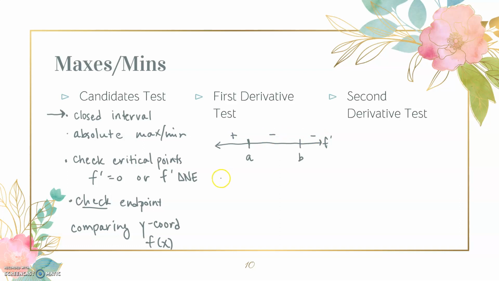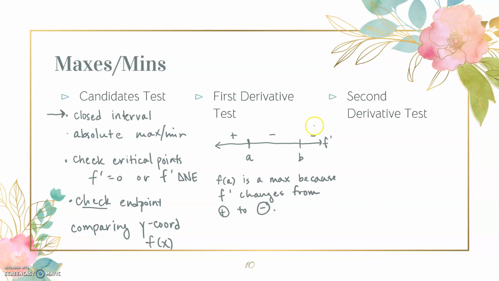And so the justification would say f of a, which is the y coordinate, is a max because f prime changes from positive to negative. If you're talking about the maximum value, that's the y coordinate. Make sure you're clear about that.